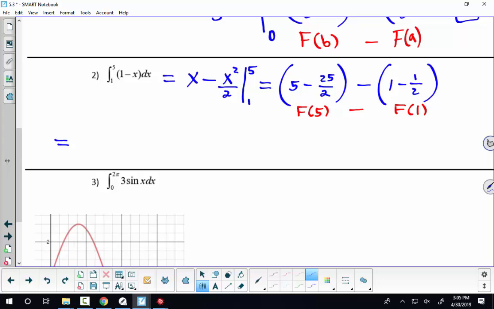So we have 10 over 2 minus 25 over 2 minus the quantity 1 minus a half. 1 minus a half is a half, so minus 1/2. We have 10 minus 25 minus 1 is minus 16 over 2, which is minus 8.